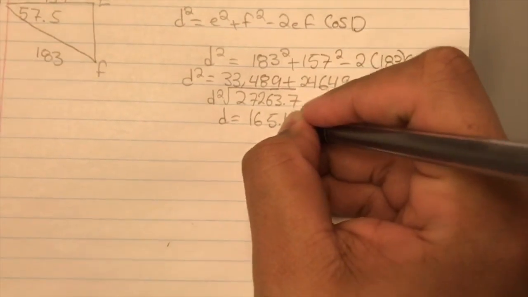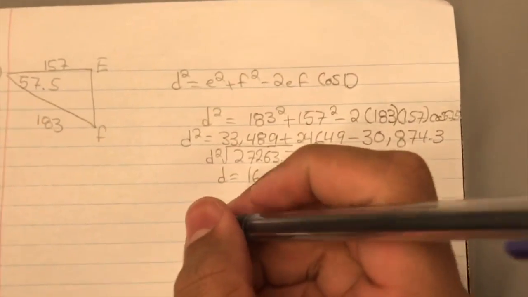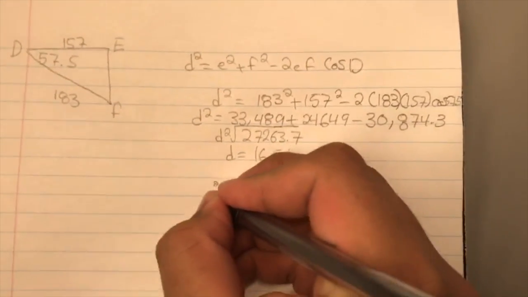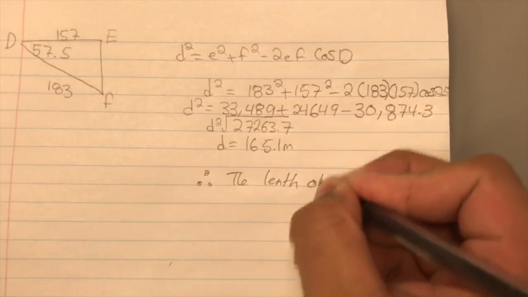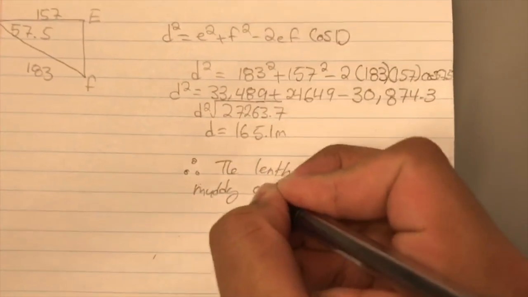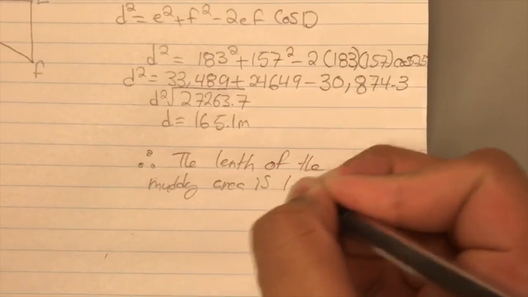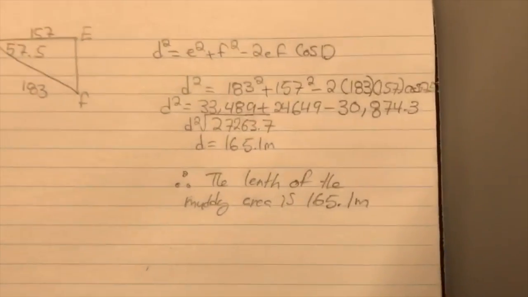Make sure you always put your unit behind it. So this is meters in this case, and that's the answer. So the length, you want to put a therefore statement, then the length of the muddy area is 165.1 meters, and that's how you do it there, guys.